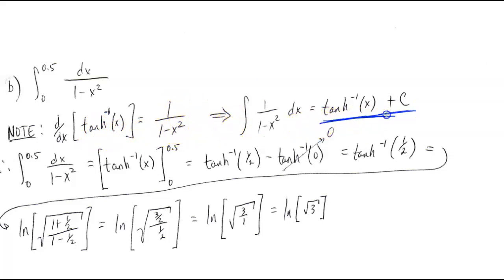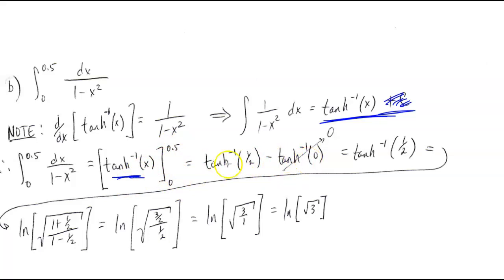So we know that the antiderivative of 1 over 1 minus x squared is just the inverse of tangent hyperbolic plus some constant. Since we have a definite integral here, we won't have to worry about this integration constant. And therefore, we'll just take the antiderivative and evaluate it from 0 to 1/2.